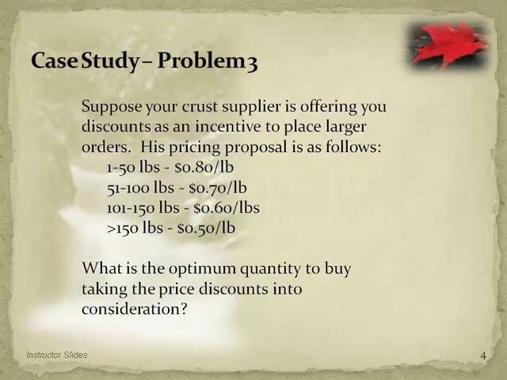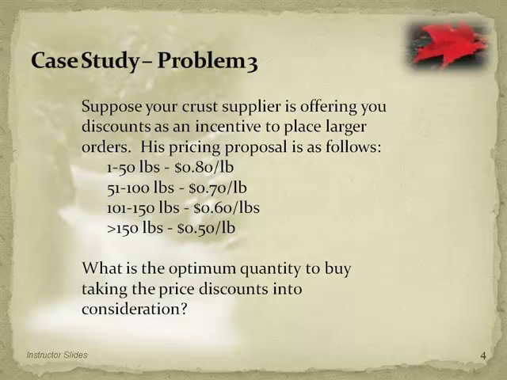So let's look forward to our case study. So again, we're dealing with the crust item for our pizzas in our ZZ's case study. So the supplier for crust has offered us some incentives if we buy in larger quantities, and these are the quantities and the price points for each one.